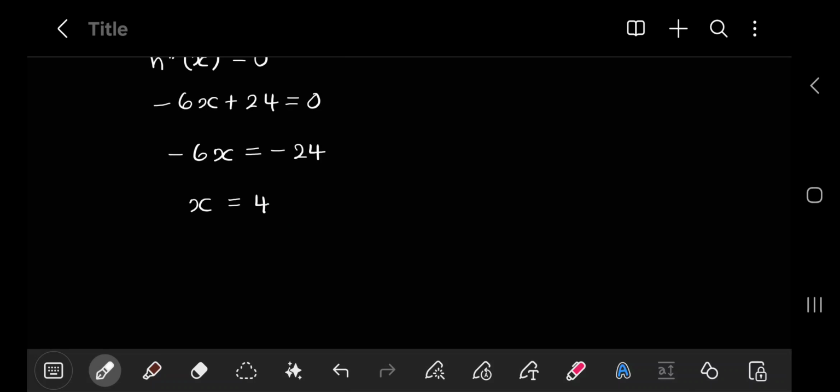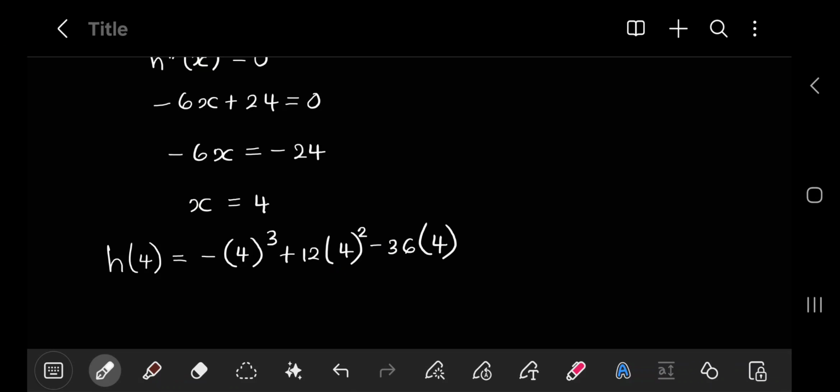Okay, so point of inflection here, our x value is positive 4. We need to get the y value. How we're going to do this is we take the 4 and we substitute into the original equation, the equation that represents h of x. So that's going to be negative 4 cubed plus 12 times 4 squared minus 36 times 4.